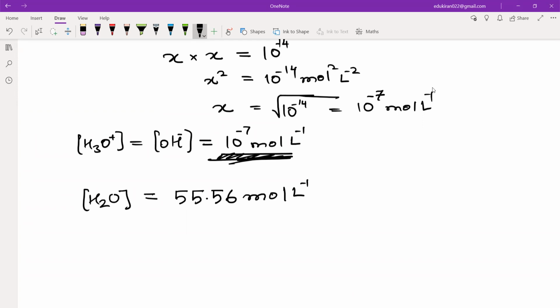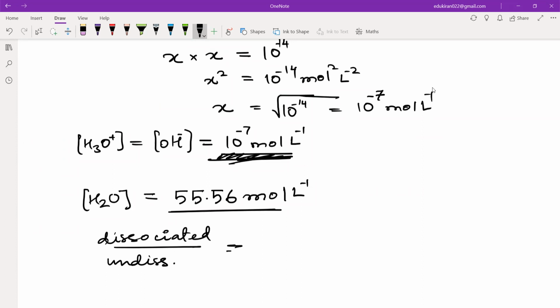Okay, fine. If I want to calculate the ratio, dissociated water divided by undissociated water, this will be equal to 10 to the power of minus 7 divided by 55.56, right?